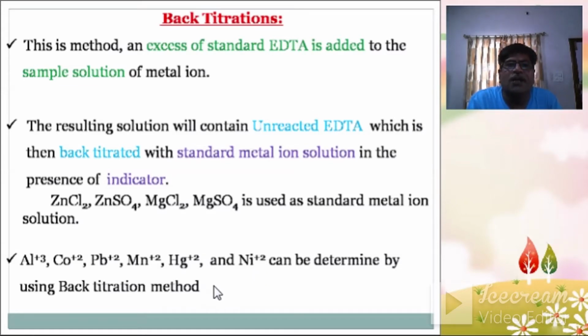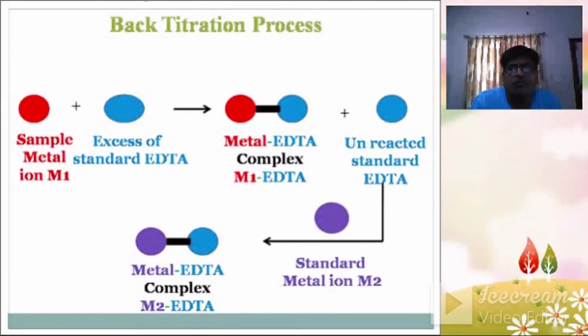In back titration, an excess of EDTA is added to the metal ion solution, and the excess EDTA is titrated with a standard solution of a second metal ion.